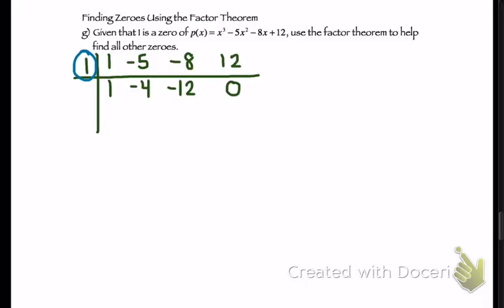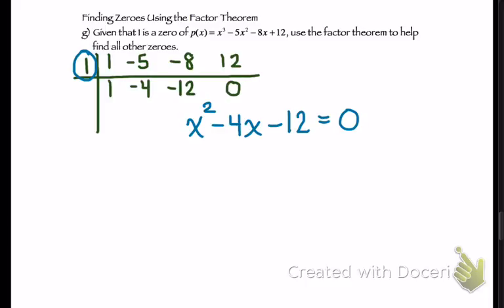So from here, think about it. I know that 0 is my remainder, negative 12 is my constant, negative 4 is my x, and positive 1 is my x squared. So I'm going to write that down.